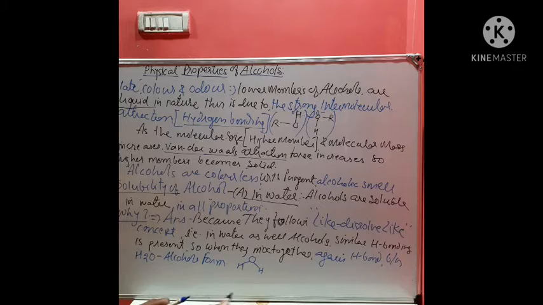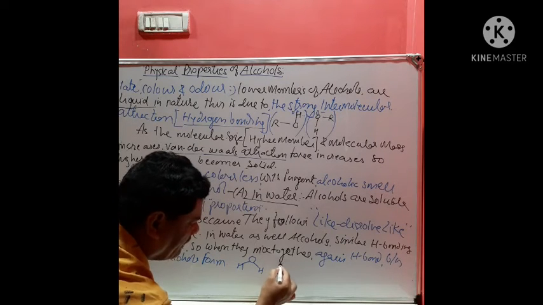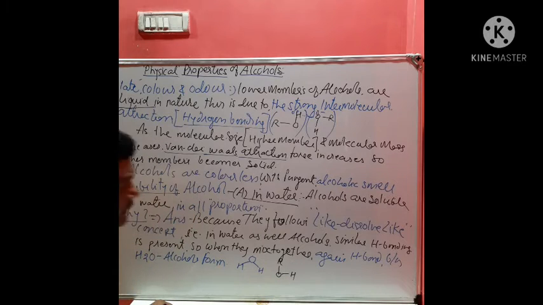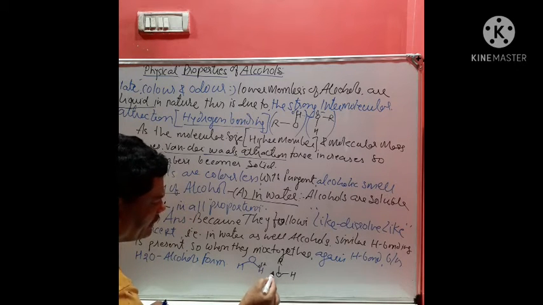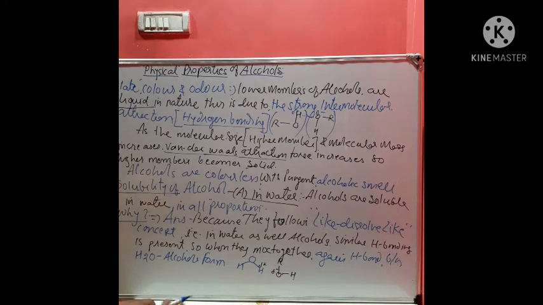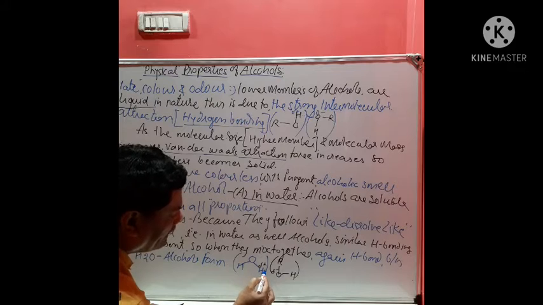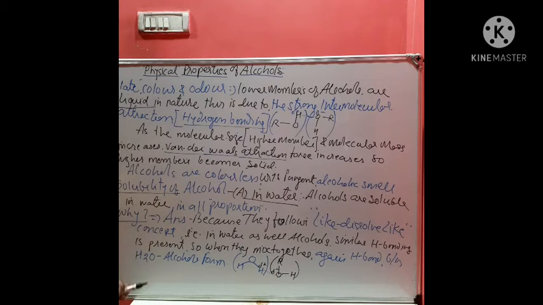And now if you take alcohol, alcohol is R, O and H. So there is fractional positive charge and fractional negative charge. So now between water and alcohol, a new bond will form, and again this is the same type of hydrogen bond, and therefore they are soluble in all proportion. So this is about solubility in water. Next, solubility in organic solvent.